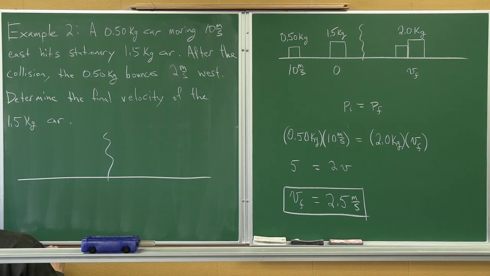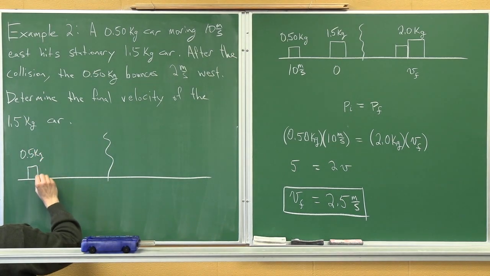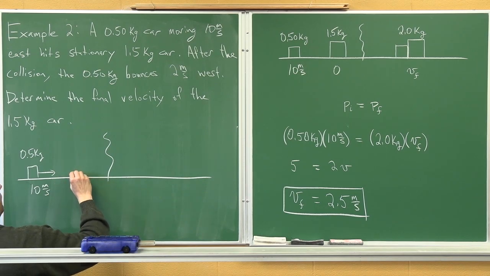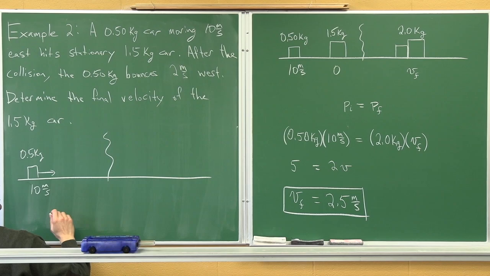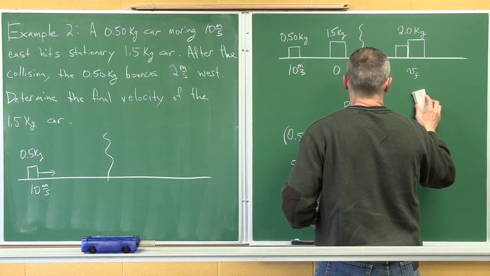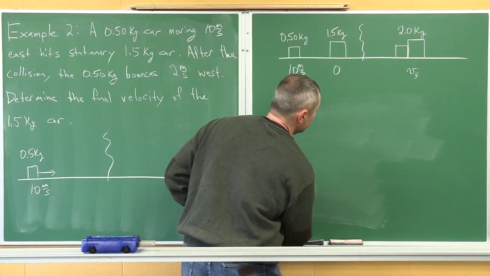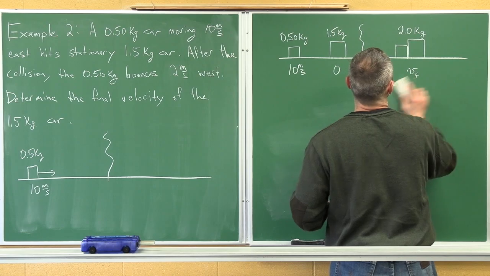Before and after. So here's the 0.5 kilogram car moving at 10 meters per second. And then, you know what? Maybe I'm going to do it here because then it'll be better in terms of keeping everything on one board nicely.